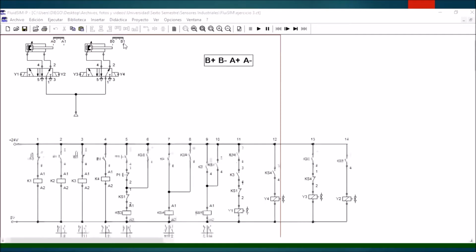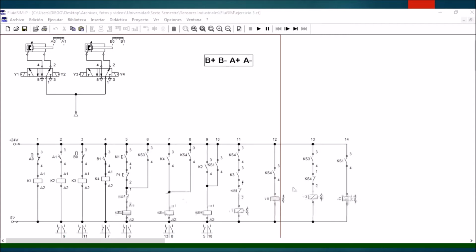When this cylinder is in position B1 of the sensor, this sensor closes the interrupter. Now, this valve closes this switch and energizes the relay, and energizes this circuit.